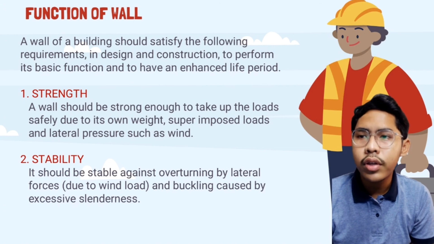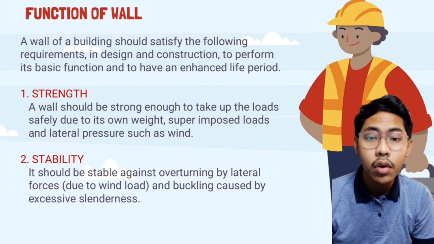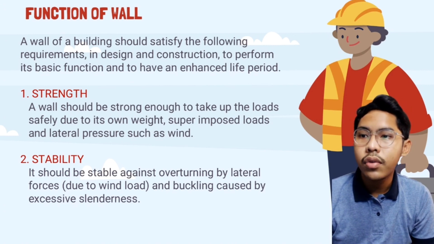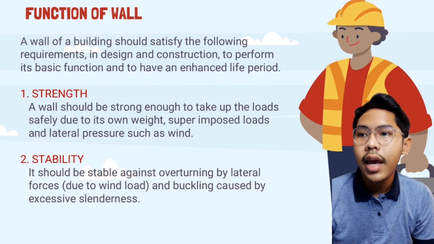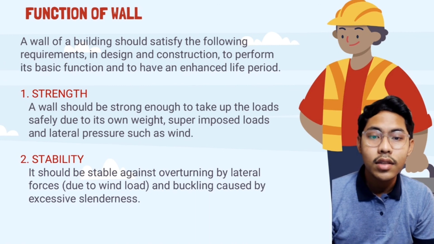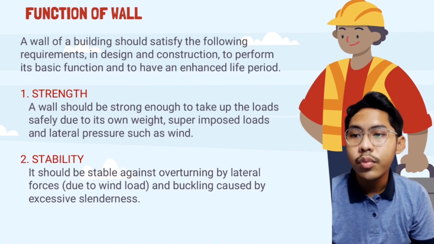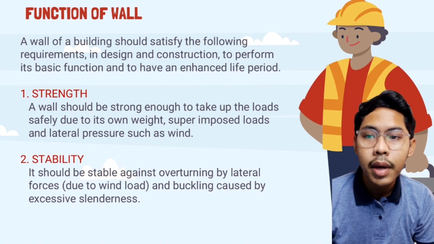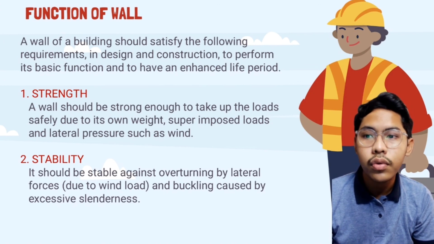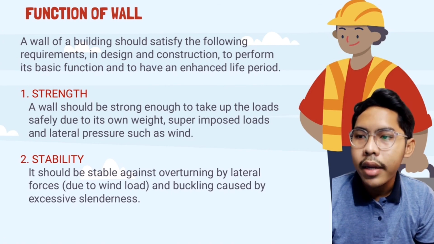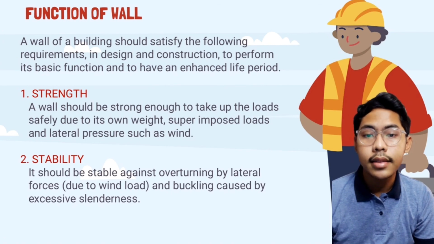A wall should be strong enough to take up the loads safely due to its own weight, superimposed loads, and lateral pressure such as wind. Number 2 is stability.